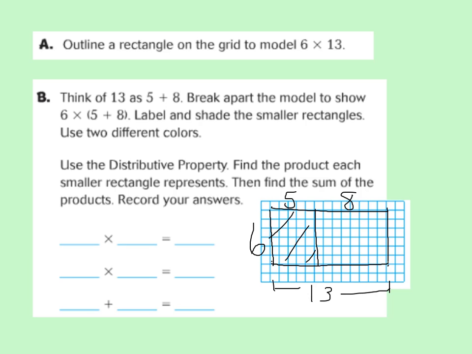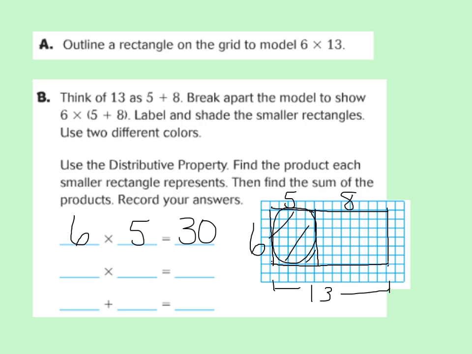Now we're going to use the distributive property to find the product of each of these 2 smaller rectangles. So the first thing we are going to do is multiply 6 times the 5, because that's this part right here. And 6 times 5, everyone knows, is 30.